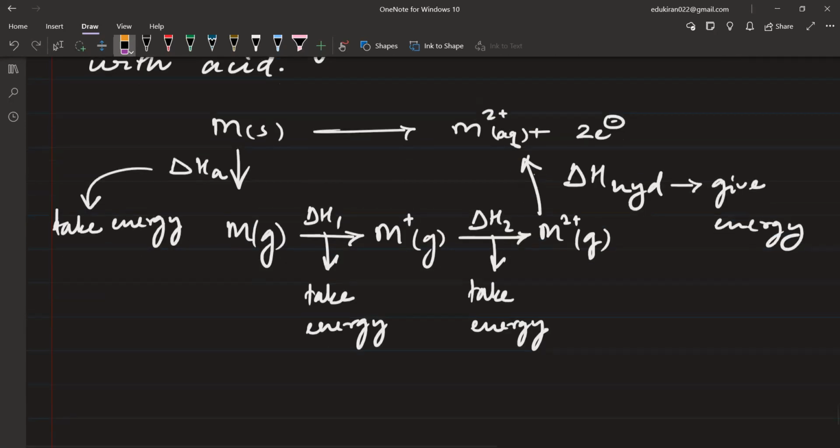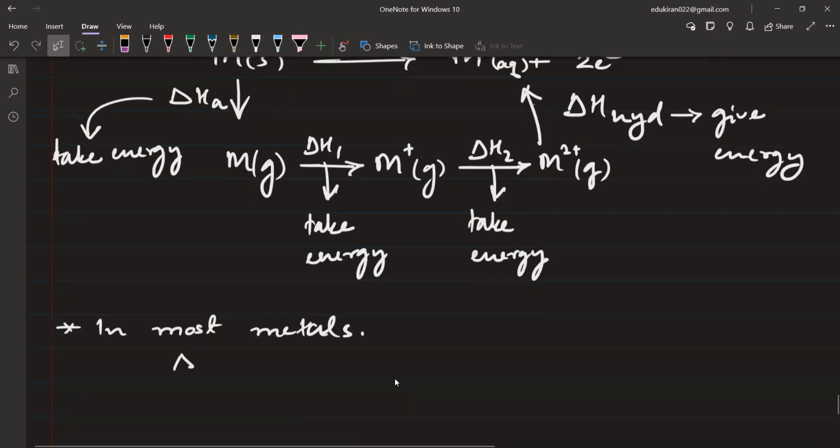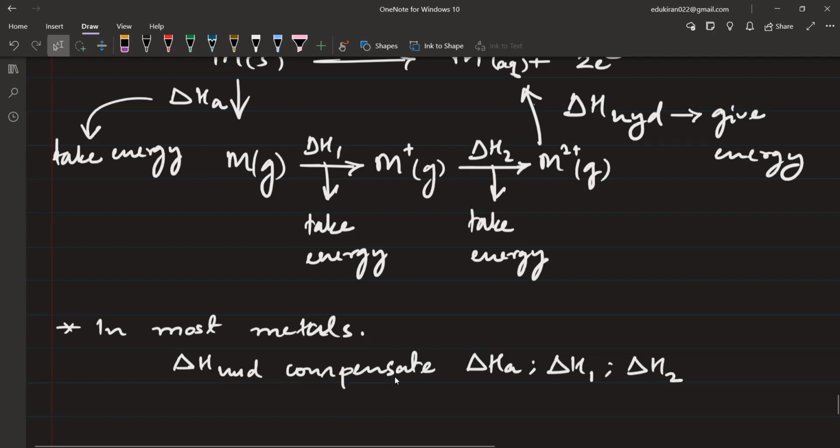Now, in most of the metals, the enthalpy of hydration compensates delta H of atomization, delta H of first ionization enthalpy, delta H of second ionization enthalpy.